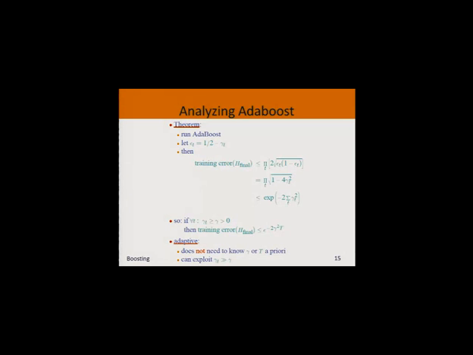So when I sum them, all I have is capital T times gamma square. What does this mean? As T grows, gamma is a fixed positive number, so the training error is exponentially small. Increase T, this is a fixed thing, it can be as small as I want. So my training error is as small as I want.